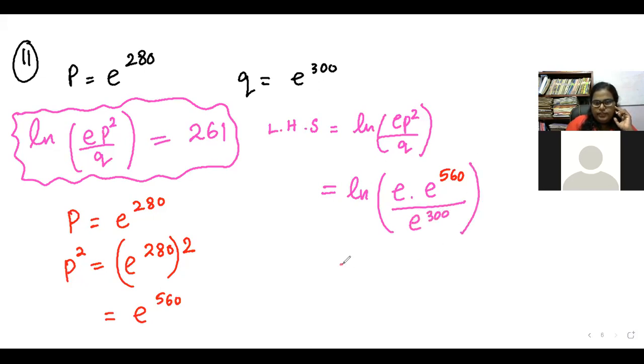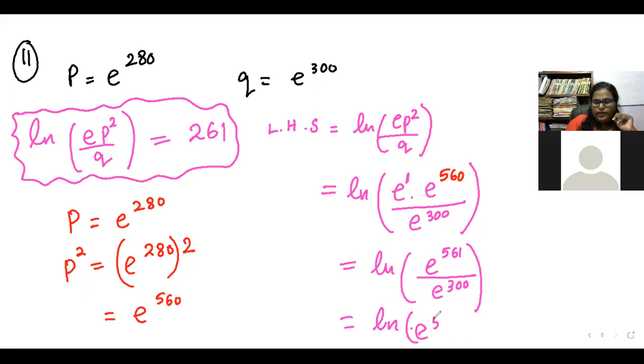So inside this ln function we can simplify it like this: ln, you can see the power of this e function is 1, so we can write this as e to the power 561 divided by e to the power 300. Right? So since there is a division inside this log function, we can write this as ln e to the power 561 minus ln e to the power 300.